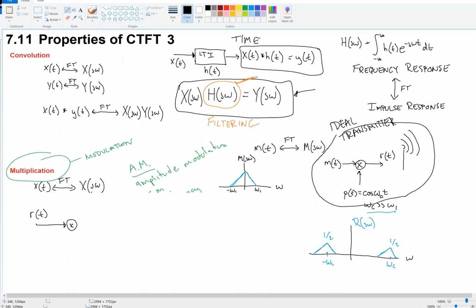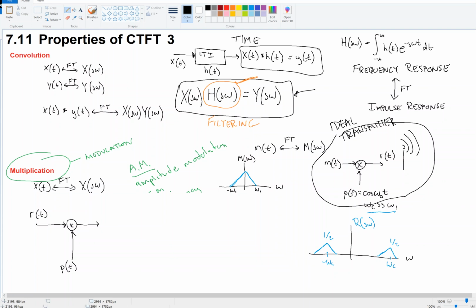So now I would take that received signal from my antenna and I would multiply it by p of t again. And then I need to do something, but let's see what happens when I take this signal now in the frequency domain, R, and multiply it again by this p of t.